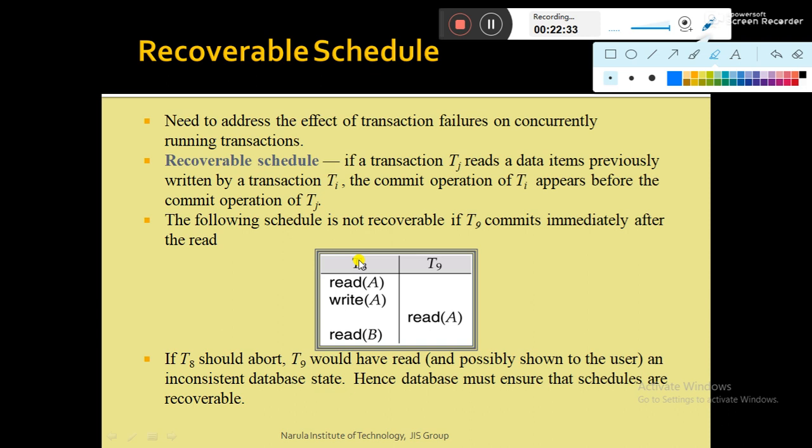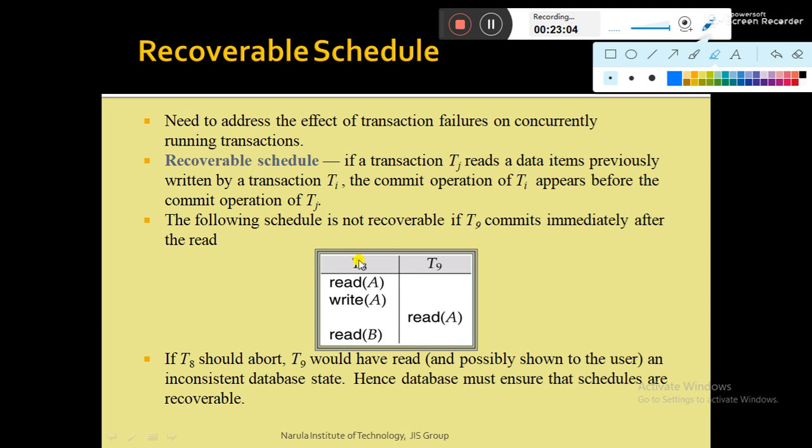But the question is, what happens if a transaction fails at an intermediate point of time? To ensure the atomicity property, we have to do the undo. Undo means we have to undo the effect of whatever changes it has made to the database. We have to restore the database to the previous state, which was before the transaction executed.